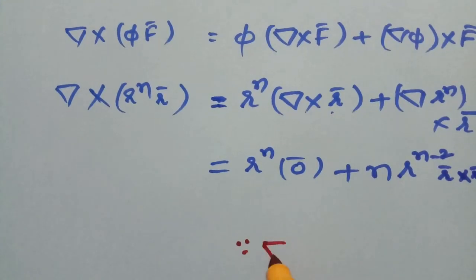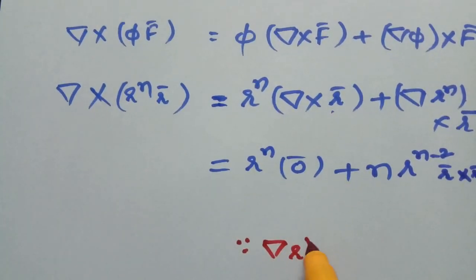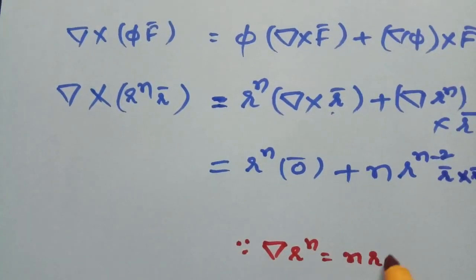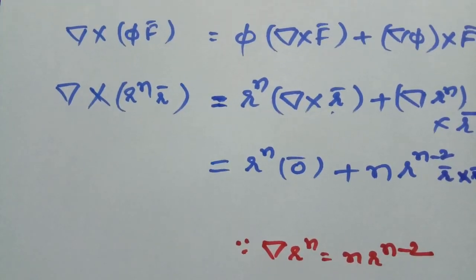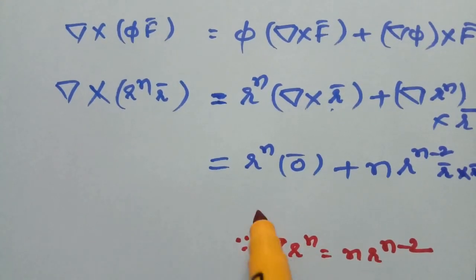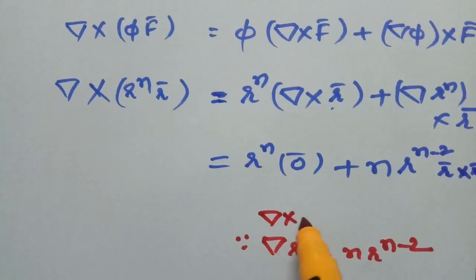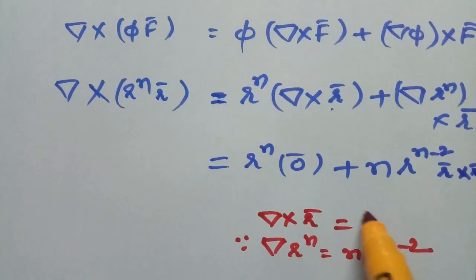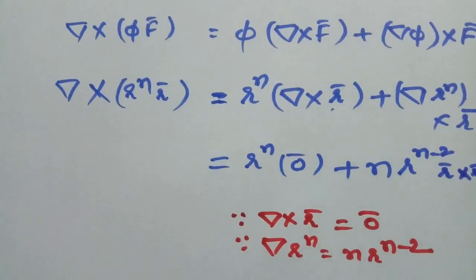We know that del r power n is equal to n into r power n minus 2 into r bar and del cross r bar is equal to 0 bar.